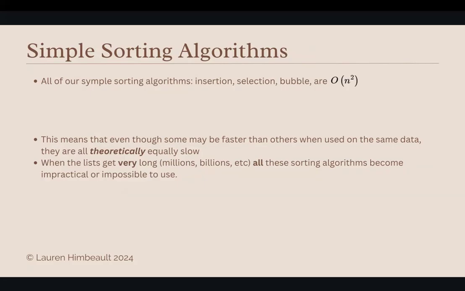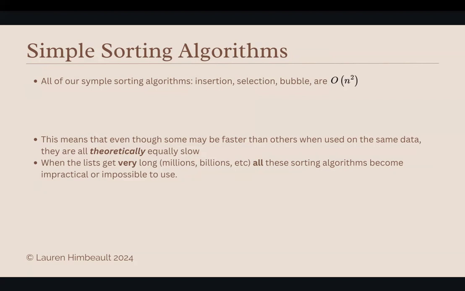Now this means that although some are faster than others, depending on different situations, like if the data is almost already sorted, or if the data is in reverse order instead of in the correct order, I think those are the 2 main scenarios, some of these are considerably worse than others.